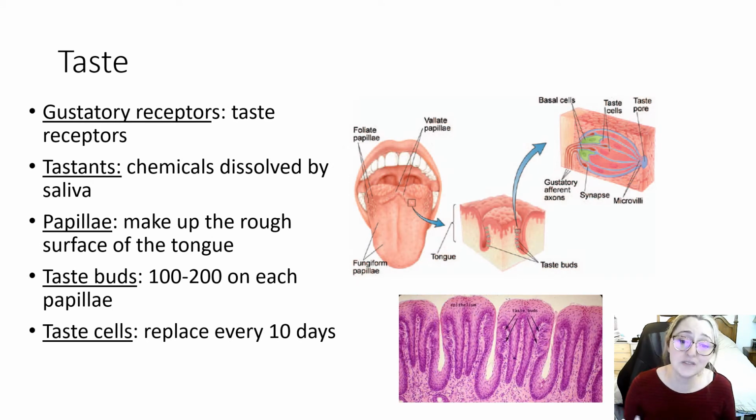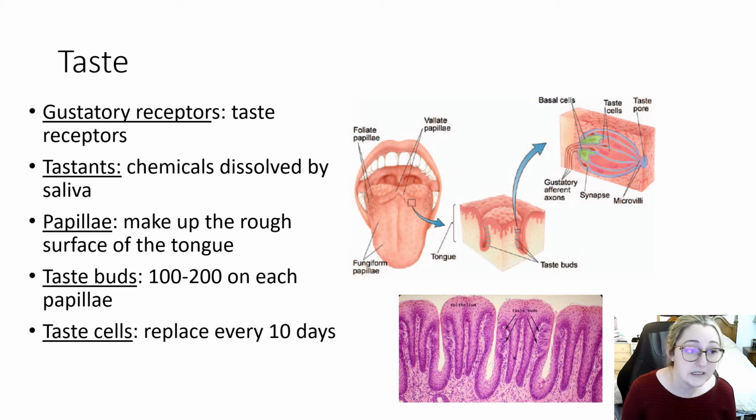Moving on to your sense of taste, this is also going to be a chemical sense. So keep in mind that your sense of smell and your sense of taste are both chemical based. These are going to be called gustatory receptors. That means that it is your taste receptors. This is different than a taste bud, so keep that in mind.